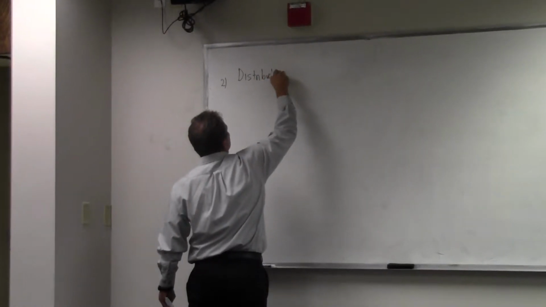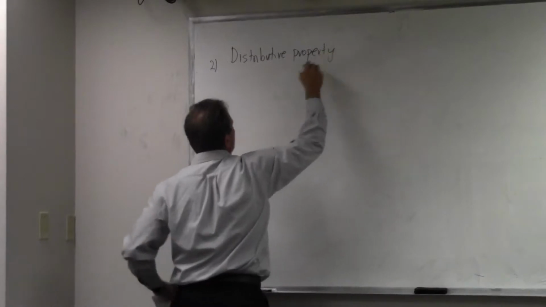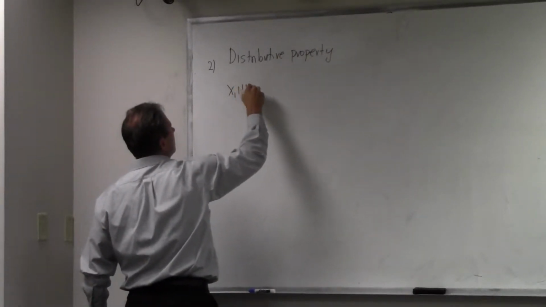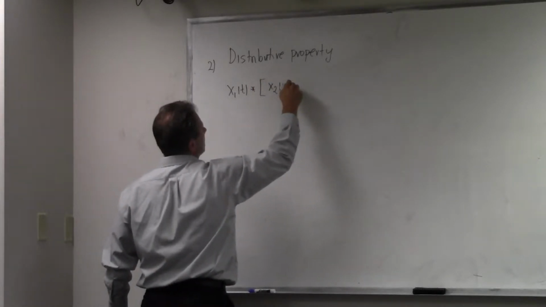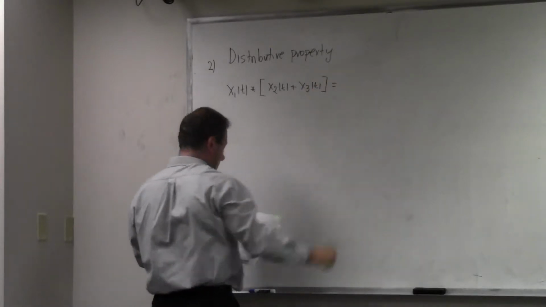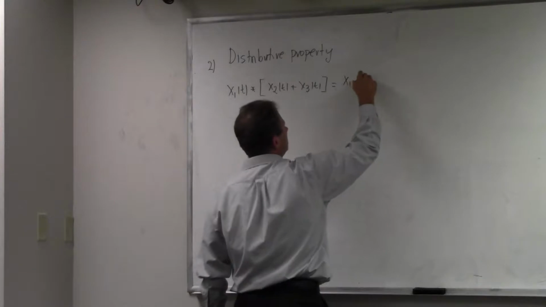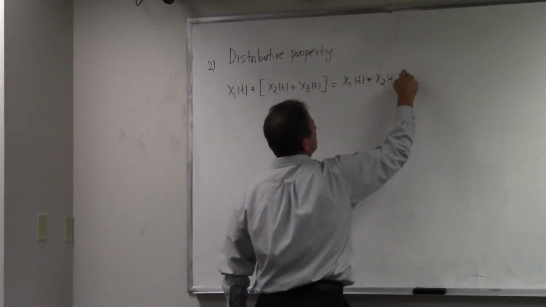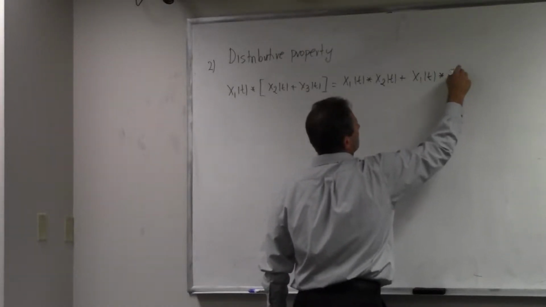And this one says that x1 of t convolved with x2 of t plus x3 of t is equal to x1 of t convolved with x2 of t plus x1 of t convolved with x3 of t.